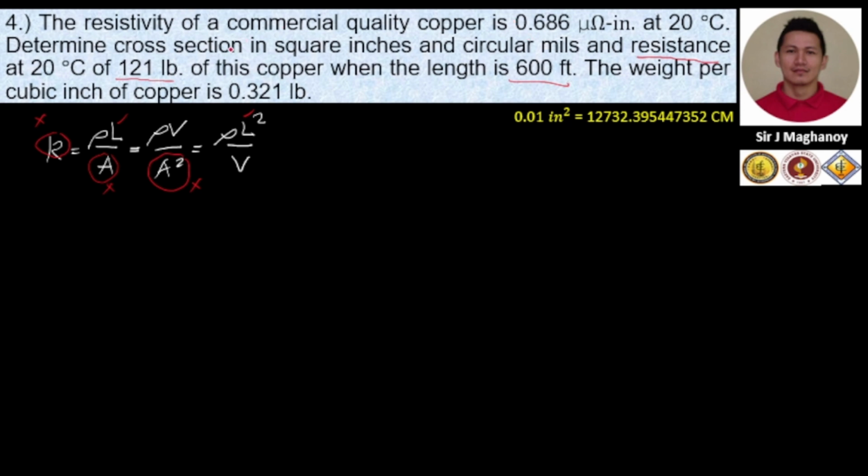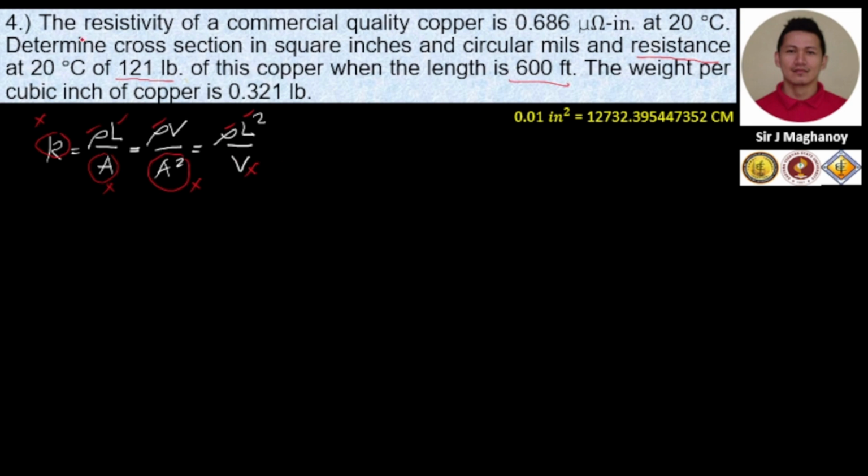The resistivity of our copper is given. Then the weight per cubic inch, that is your weight density. The volume is unknown. So in the problem, if you observe, resistance, cross-sectional area, and volume are all unknown.